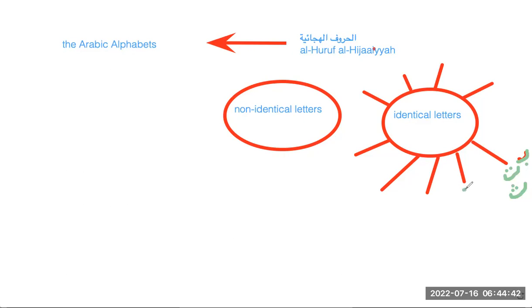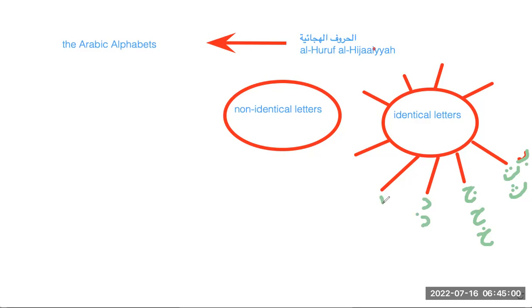Then we have Jim, Ha, and Kha. We have Dal and Thal.